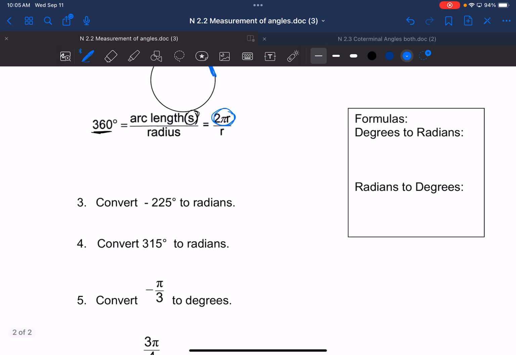Okay, so keeping that in mind, our formula for degrees to radian conversion is going to be the number of degrees, so however many degrees they tell you that something is. All you have to do to convert to radians is multiply it by pi over 180 degrees.